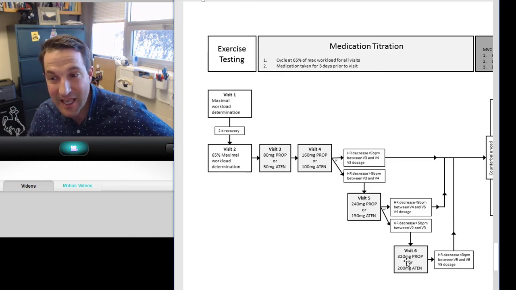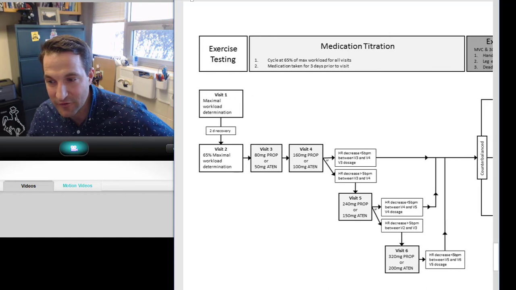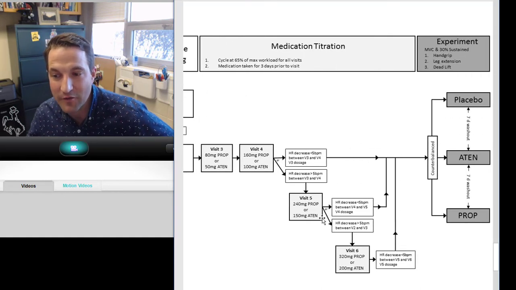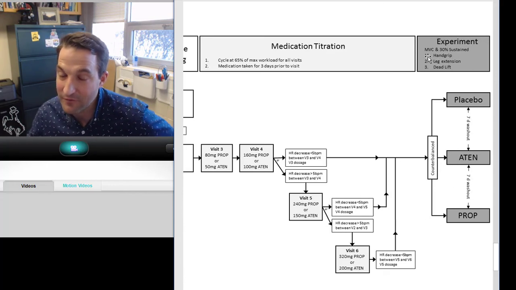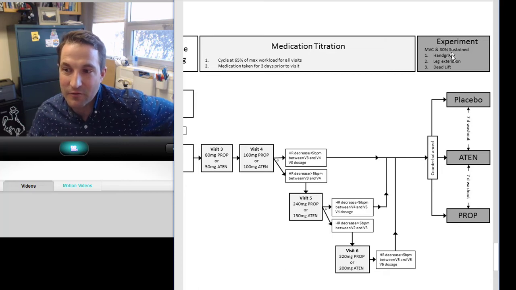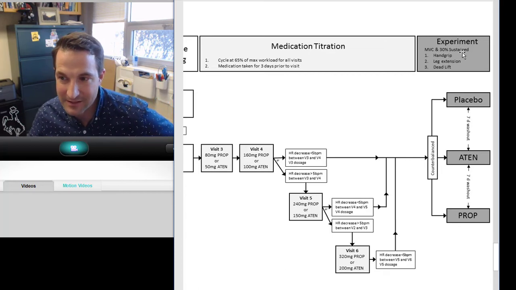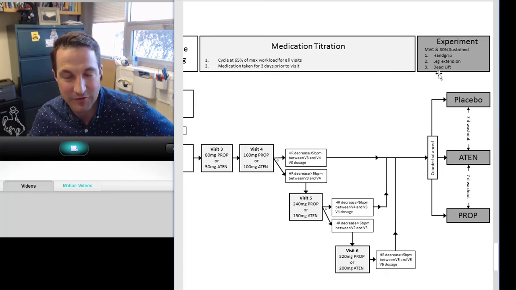Well, if that was the case, they came back for a final 6th visit to really max out their dosage here. And then for all of these people, we had a heart rate decrease. And from this figure right here, you can see that in all these cases, they moved on to the counterbalanced experimental part, where they did maximal voluntary contractions, 30% of their max, and they sustained it for these 3 different types of exercise.